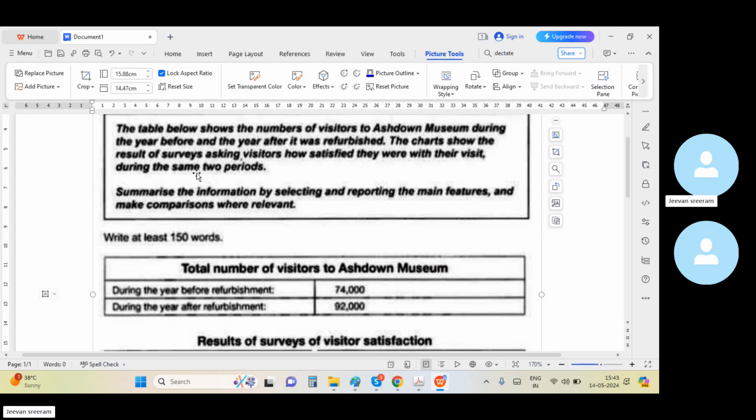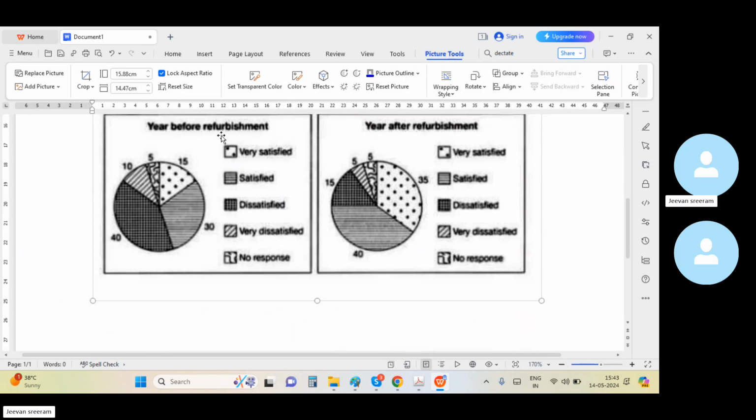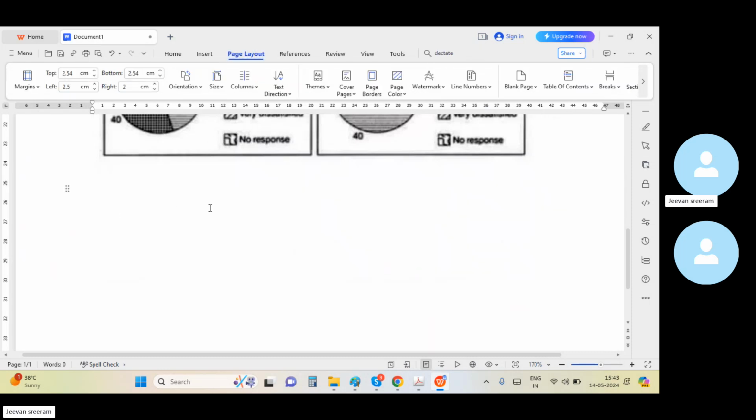However, you should not copy the same vocabulary. For example, the verbs, what are they? Refurbishment, we refurbished. I'm going to use renovated, renovation. And visitors, I may use visitants, or the number of people who visit the Ashdown Museum, something of that sort. So making use of this introductory information given as part of the question, you should be able to write the introductory paragraph now.